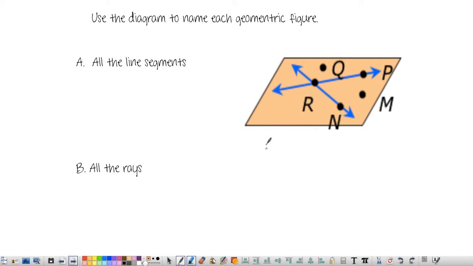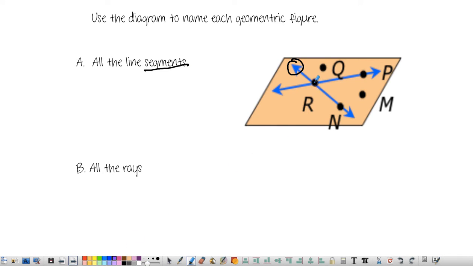All right, and now we're going to use this other figure to name all the line segments and all the rays. In this case, yes, this goes on forever, but we're not talking about this whole line. Now we're talking about the line segments, those pieces again.